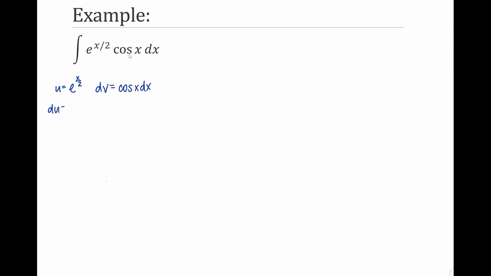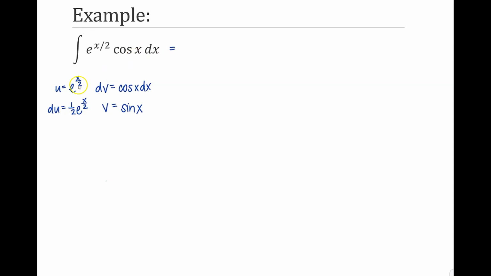And then I'm going to go ahead and take the derivative. So du requires the chain rule. So we're going to have 1/2 e to the x over 2. And then when I integrate cosine to get v, I'm going to get positive sine x. So let's go ahead and write out our uv minus integral v du.